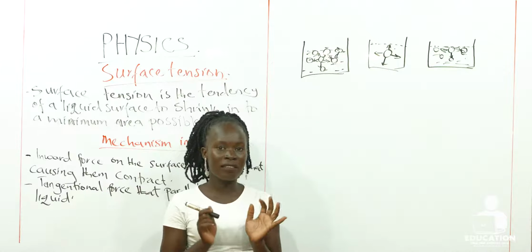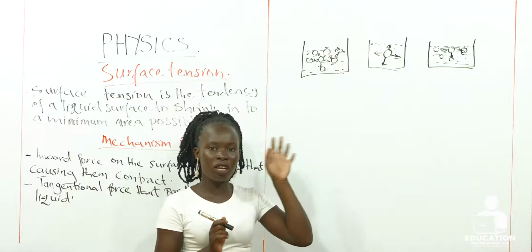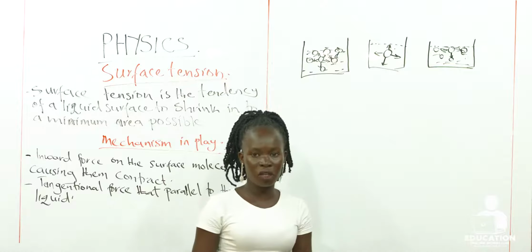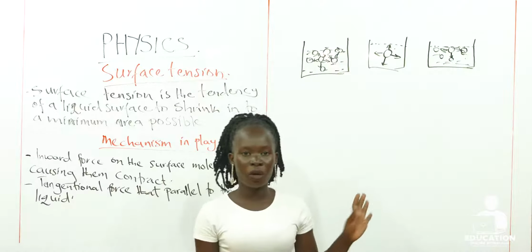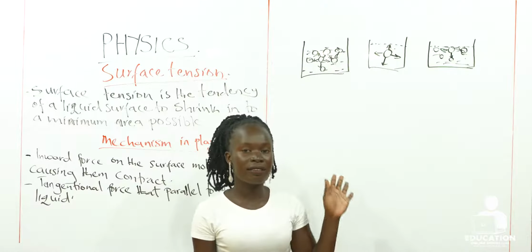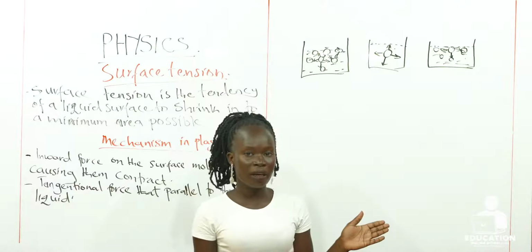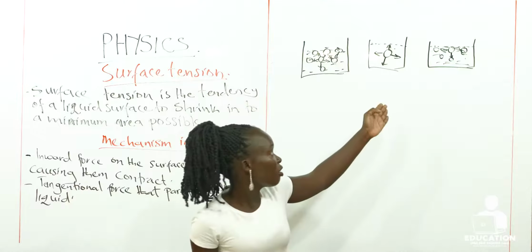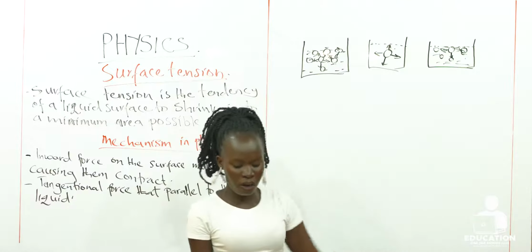Instead of them attracting themselves with molecules of the air, the adhesive forces between the molecules of the air and the molecules of the liquid are very weak compared to the cohesive forces in the liquid molecules.